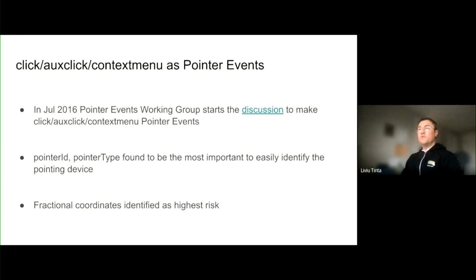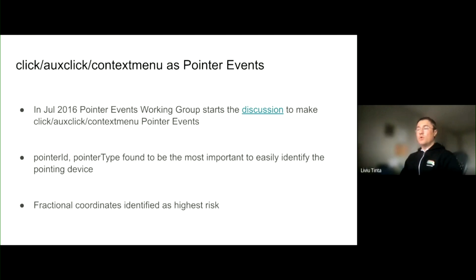The discussion to switch click, AuxClick and context menu from mouse event to pointer event started in July 2016 in the pointer events working group. And it was found that pointer ID and pointer type are the most important pointer event attributes to easily identify the pointing device for click, AuxClick, and context menu.